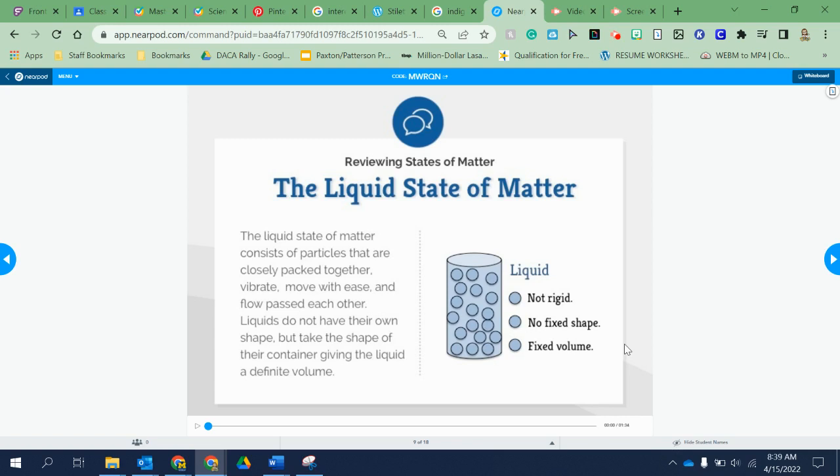It'll take the shape of whatever container you put it in, but it does have a fixed volume. So if you put a cup of water in a cup, it takes up that cup. But if you move it to the gallon, it's not all of a sudden going to grow in volume. It's not going to take up the whole gallon, right? It's still going to be a cup of water. So again, it'll take whatever shape container you put it in because it has no fixed shape, but it does have a fixed volume. That means it won't take up more space if you move it into a larger container.